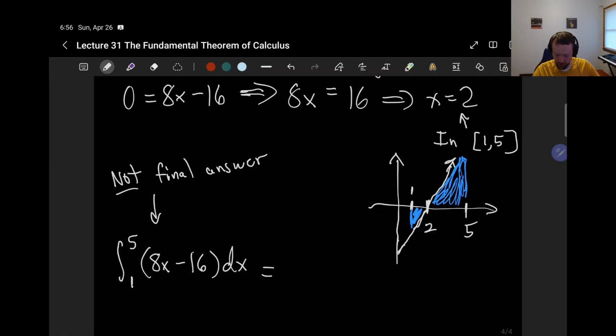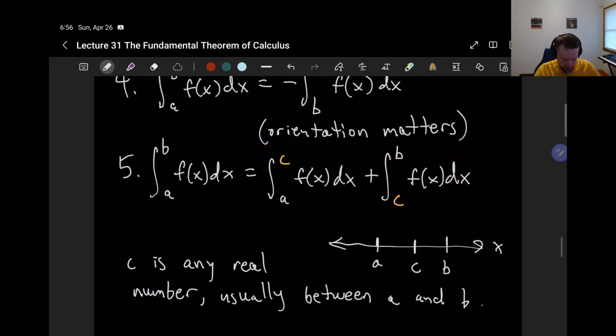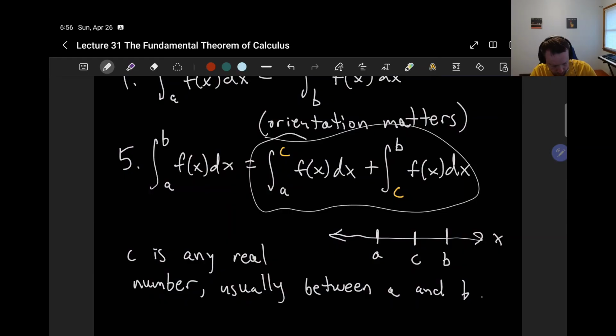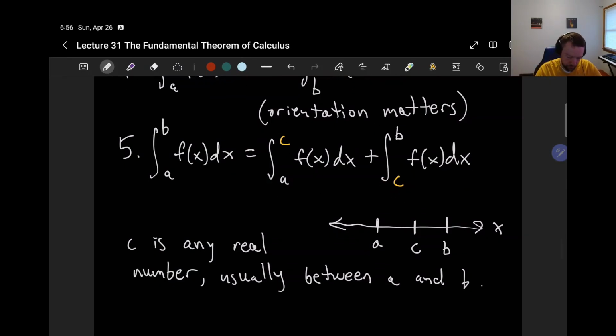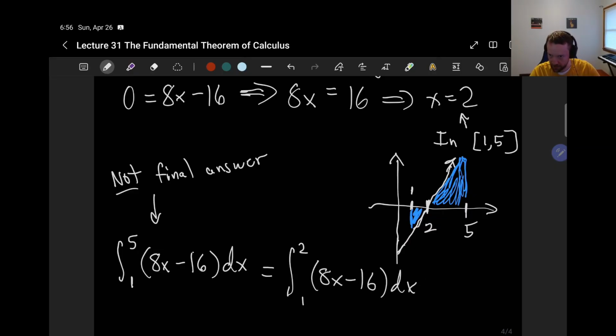Now I'm going to use that fifth property we talked about, which means I can take this integral and split it in 2. And I'm going to make this new c x equals 2. Because that's my important turning point in this problem, where we want to treat these integrals separately. So 1 to 2, we have one thing going on, where we're below the x-axis. And then from 2 to 5, we have another thing going on where we're above.